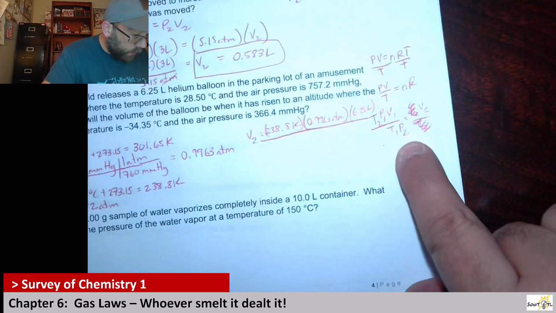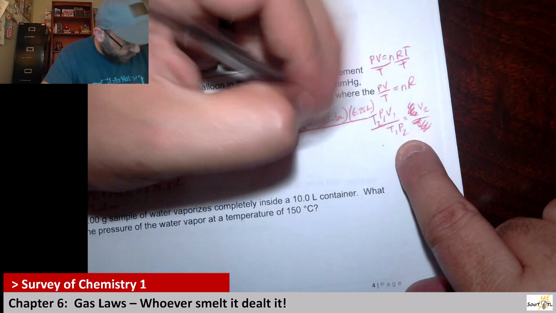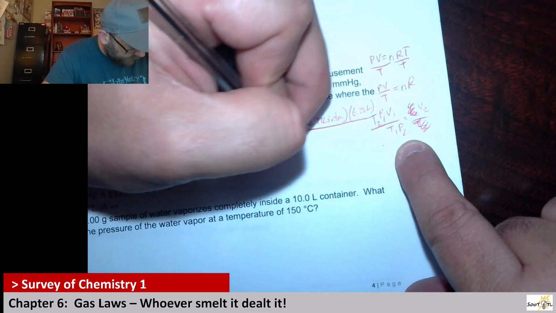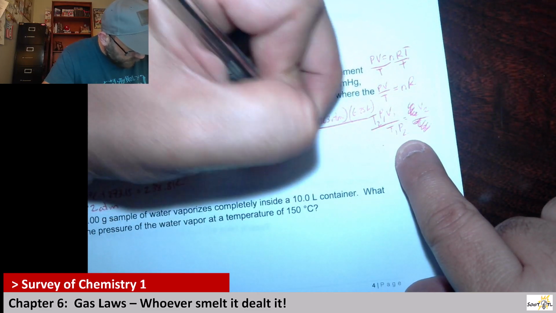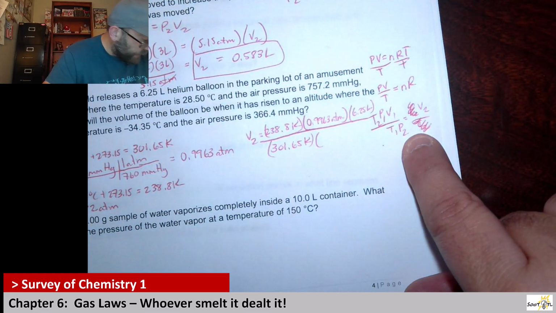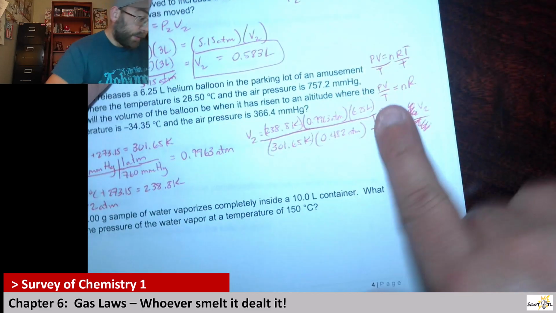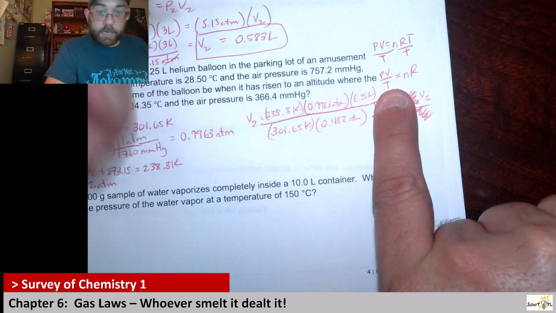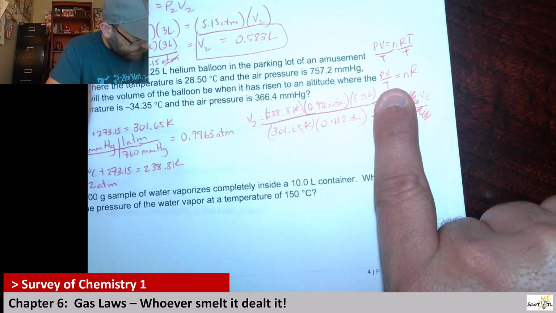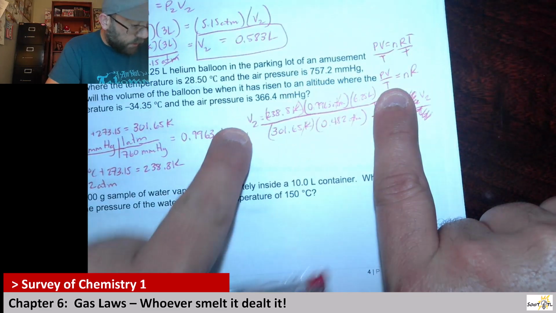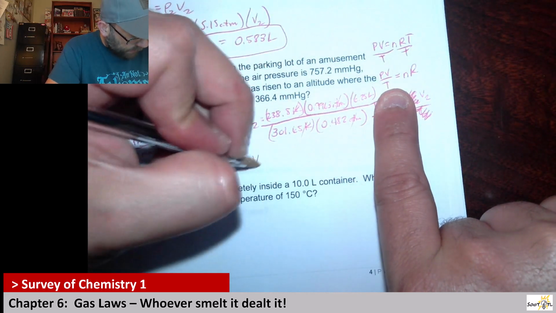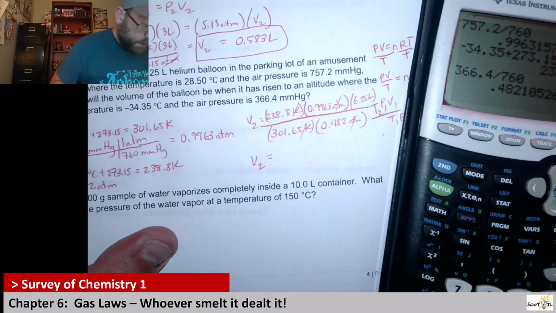Below that is T1, which is 301.65 Kelvin. And then we got P2, which is 0.482 atmospheres. Let's see what cancels. Kelvins will cancel, atmospheres will cancel, and I'll get liters.